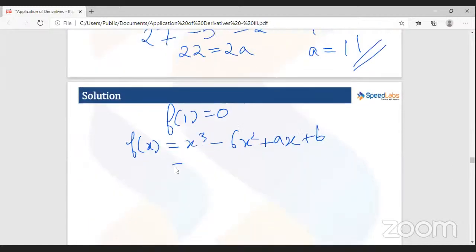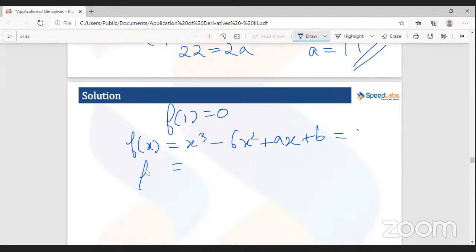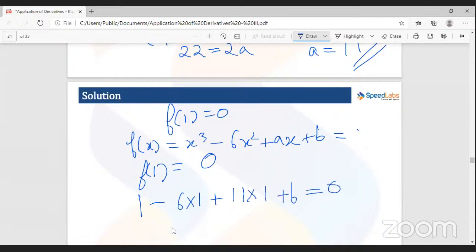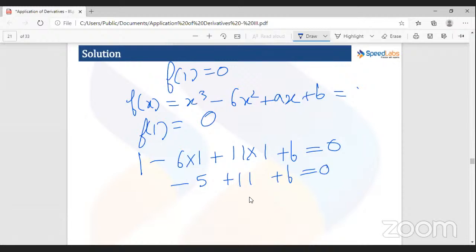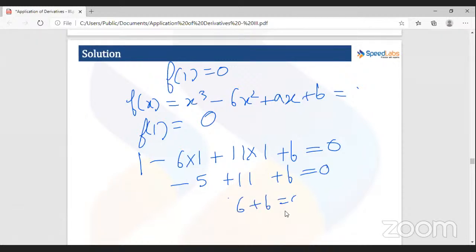If I put x equal to 1, what I get is f(1) equal to 0. So 1 minus 6 into 1 plus a, whose value we know now, plus b equal to 0. So minus 5 plus 11 plus b equal to 0. 11 minus 5 is 6. So 6 plus b equal to 0. So b equals minus 6.